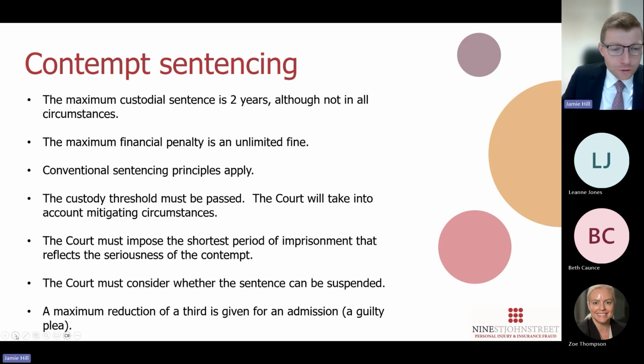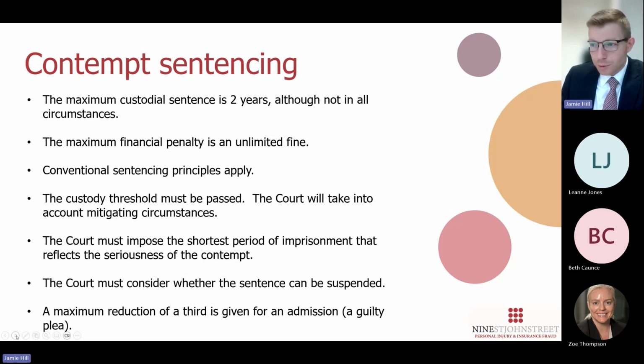But at the moment, there's no proposal to increase the maximum custodial sentence from 2 years. So that's the maximum, but of course that has to be justified in the individual case. At the moment, a fine is the only other sentencing option, and the maximum penalty is an unlimited fine.